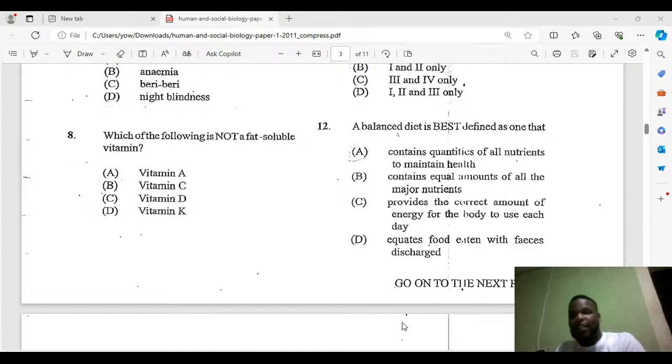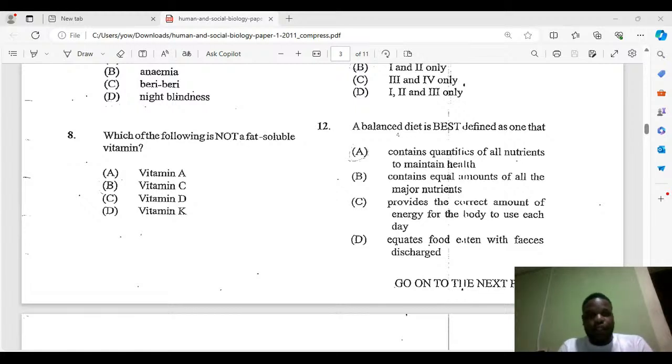If you don't have it, guys, please write water soluble vitamins. Let me put it in the chat in case people miss it. Water soluble vitamins are vitamin C, and B, you're correct.